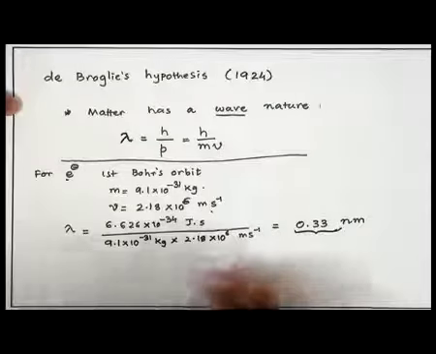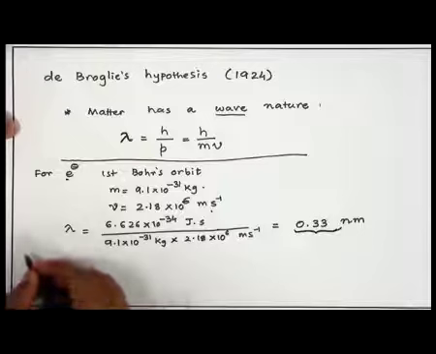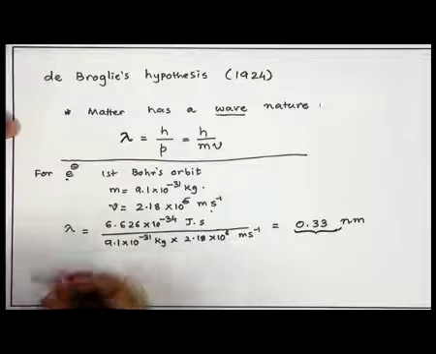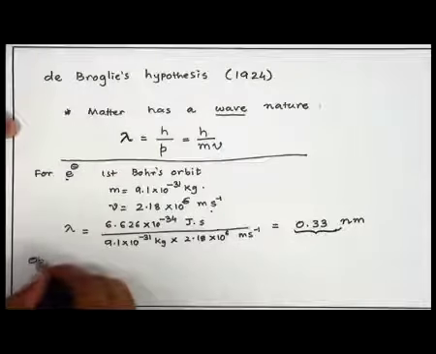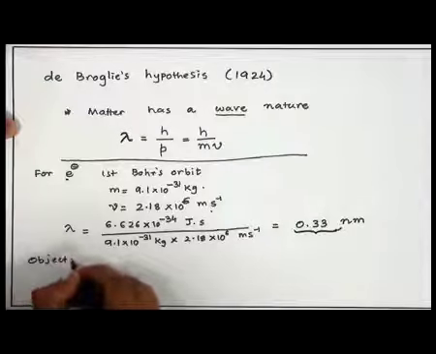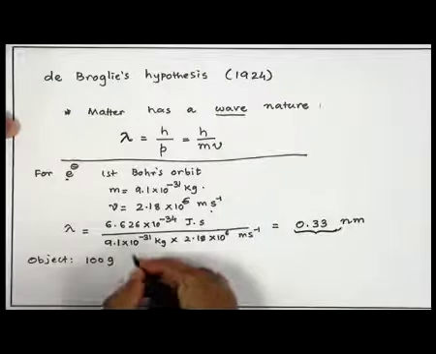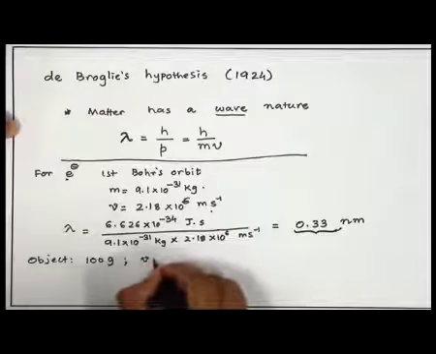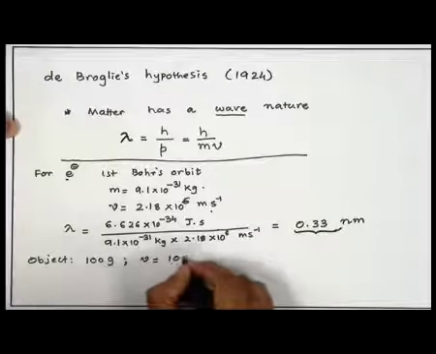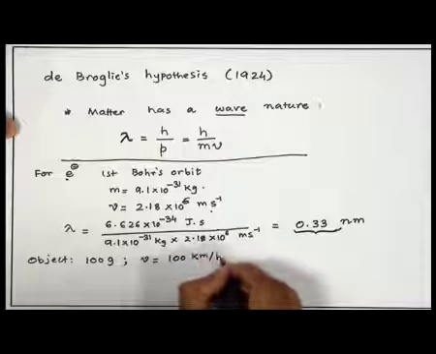All right. But let us do another exercise. Let us say we have an object whose mass is 100 gram, and it is moving with a speed of, let us say, 100 kilometer per hour.